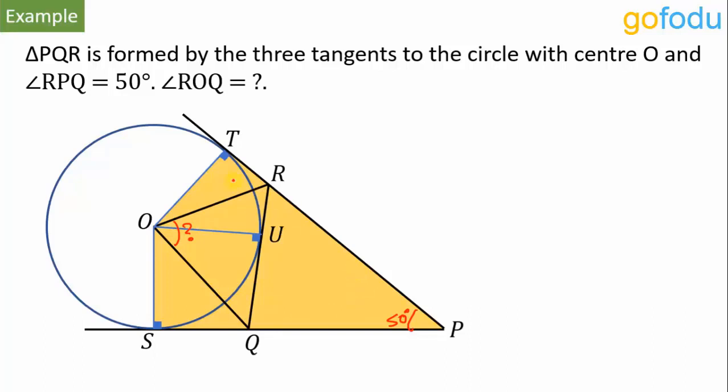Now in this kite, or say in this quadrilateral, the sum of all the angles should be 360 degrees. And these 2 angles add up to 180 degrees. That means the other 2 should sum up to 180 degrees. This complete angle TOS plus this opposite angle 50 should be equal to 180 degrees. That means angle TOS is equal to 130 degrees.